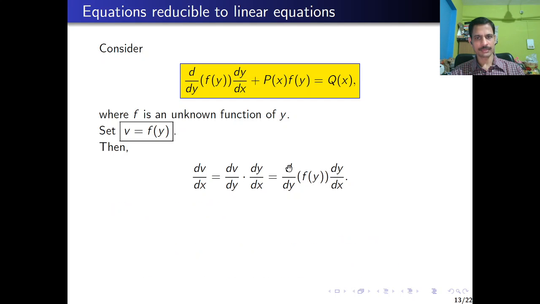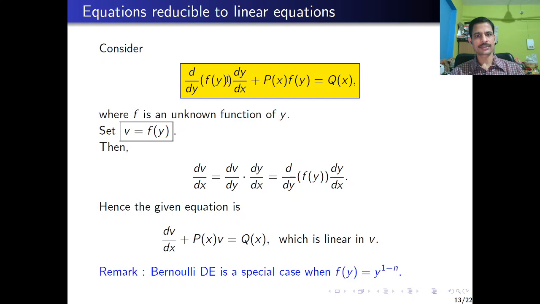So what is appearing here, this term also appears in the given differential equation. So you can replace this term by dv by dx, and so our differential equation gets transformed to dv by dx plus p(x) v is equal to q(x). So we have this equation here, and this is linear in v, which you can solve.